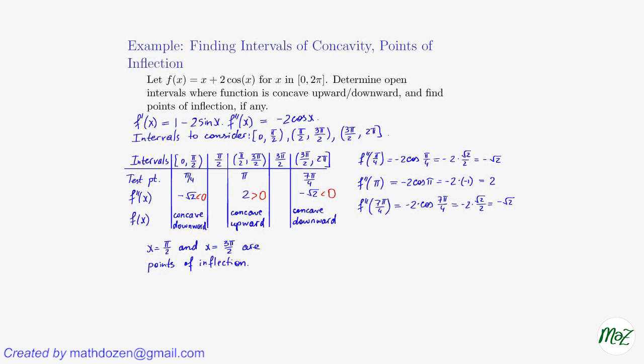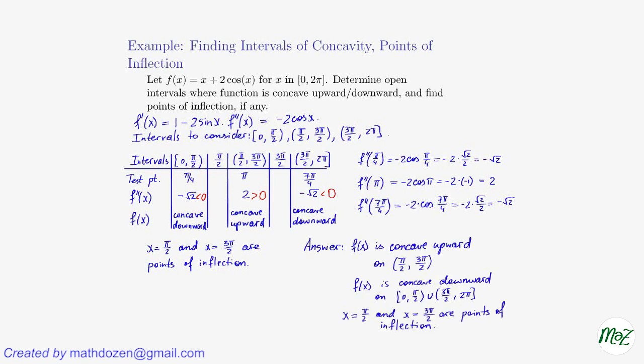So x equals pi over 2 and x equals 3 pi over 2 are points of inflection. And we're ready to put the answer. It reads that f of x is concave upward on pi over 2 to 3 pi over 2. f of x is concave downward on 0 to pi over 2, together with 3 pi over 2 to 2 pi. And x equals pi over 2 and x equals 3 pi over 2 are points of inflection.